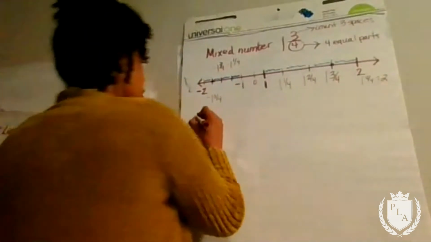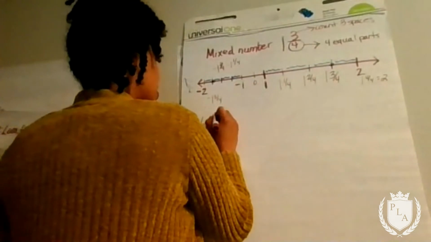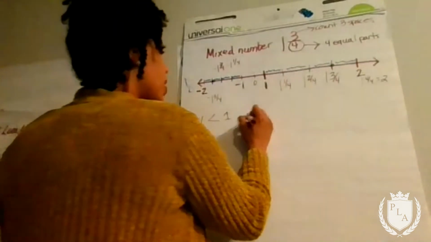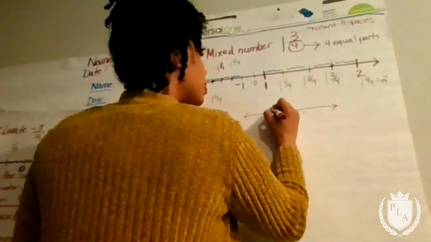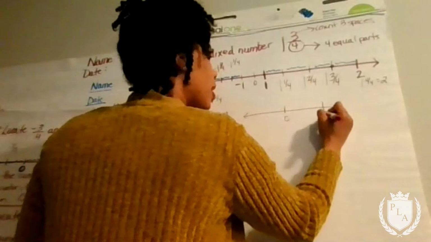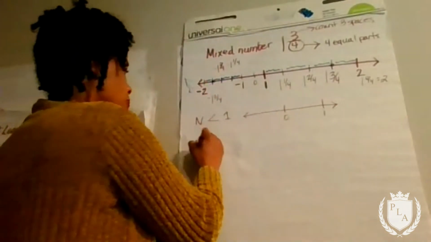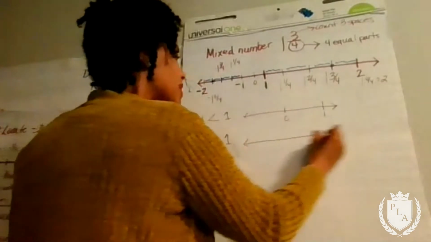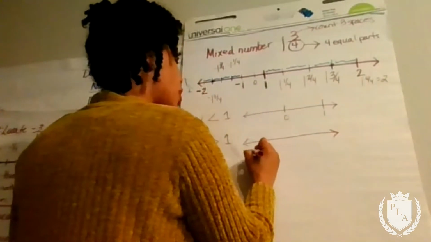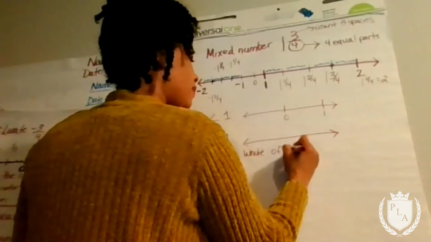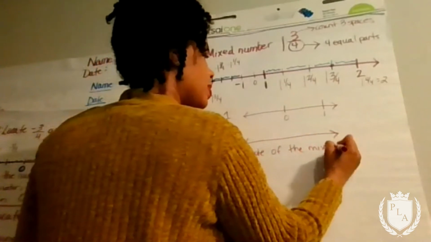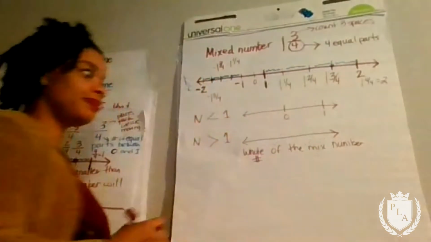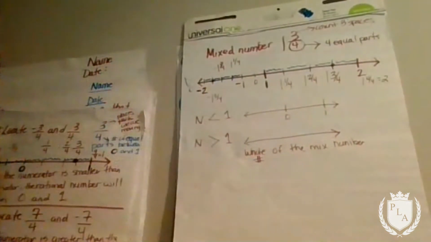So our number line is going to go from 0 to 1. If the numerator is greater than the denominator, our number line is going to contain the mixed number, the whole number of the mixed number, whatever it may be. Okay? So just remember those rules.